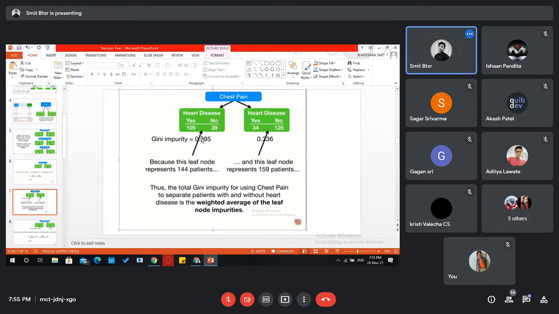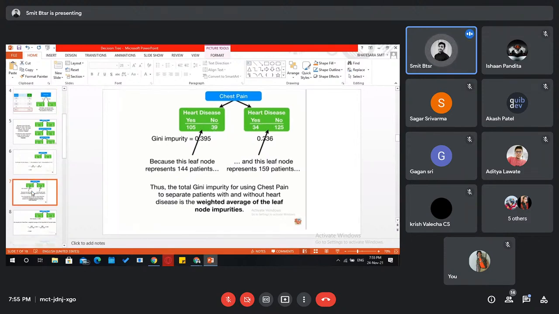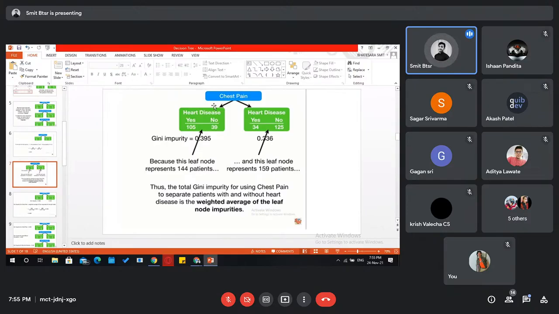Its impurity is more than this one. If you want to make decisions, the less impure one would be more important, right? So here we have calculated for one relation, chest pain.